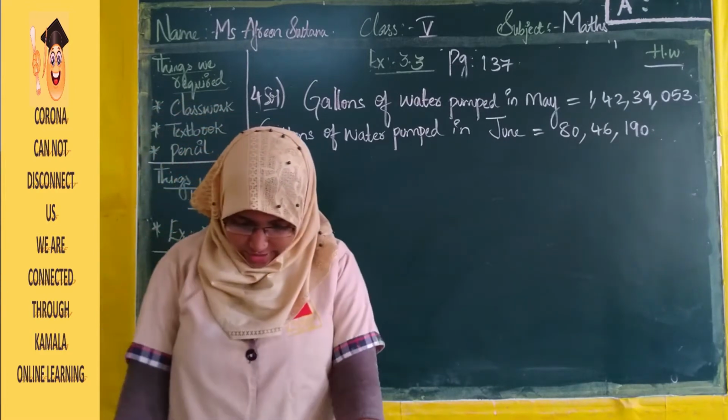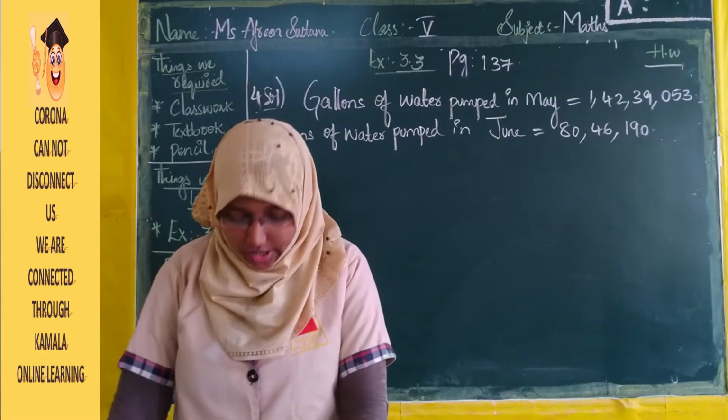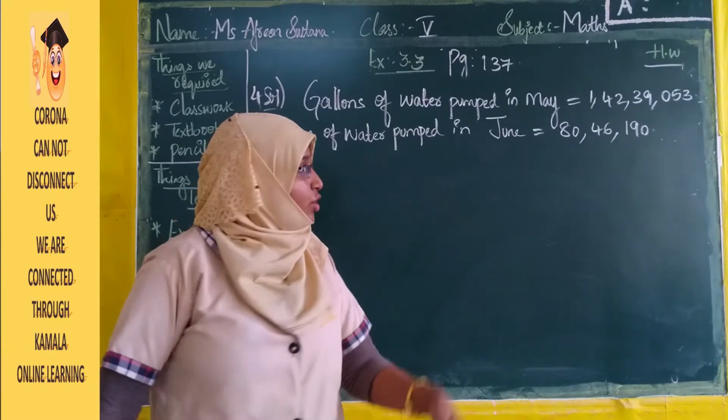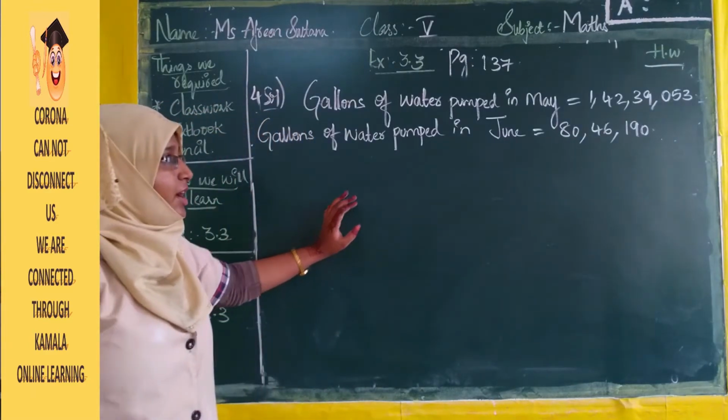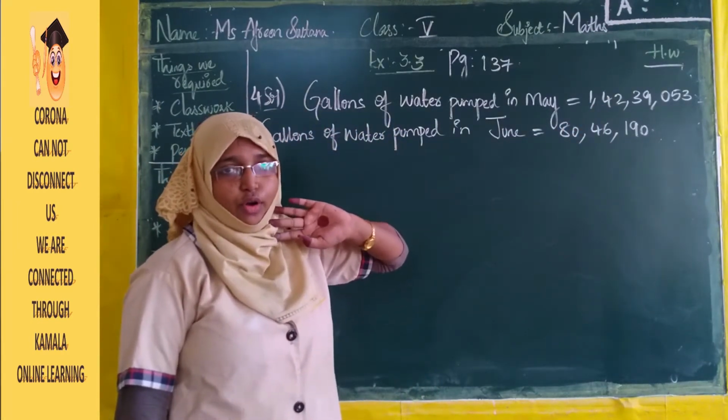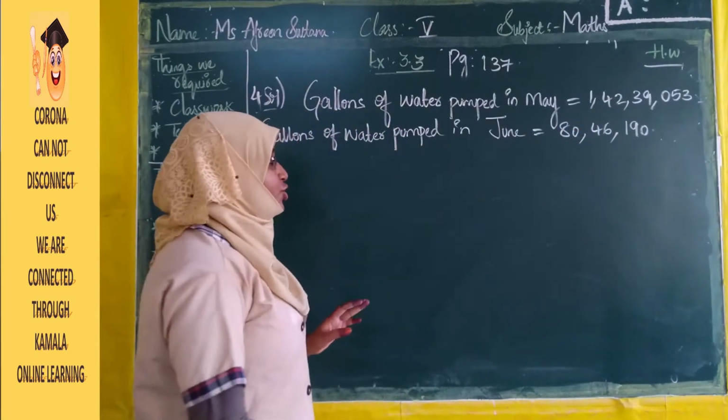Now what we are going to find? We have to find how much water is pumped in all these 2 months. To find how much water has been pumped in all these 2 months, we are going to add these 2 values. That much amount of water has been pumped in these 2 months.